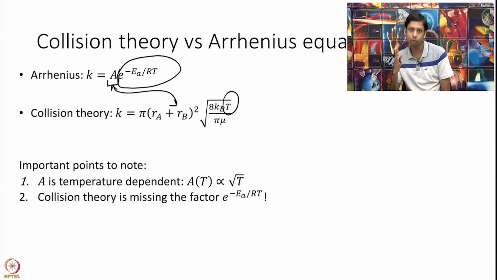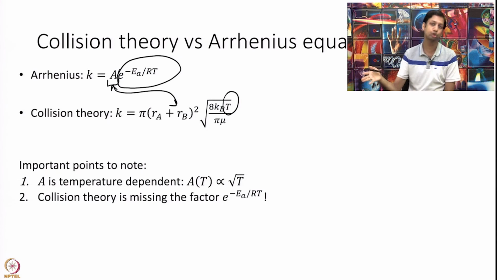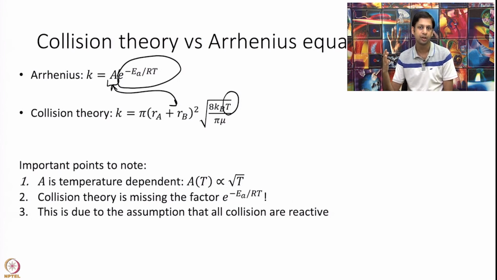That is what Arrhenius looked at and postulated that a transition state must exist. This transient species between the reactant and product must exist because of this exponential form, and that is simply missing here. In the next module we will look at how to include that. We have made several assumptions so far, and the assumption that really goes wrong is that we have assumed that all collisions are reactive, and that of course cannot be true.